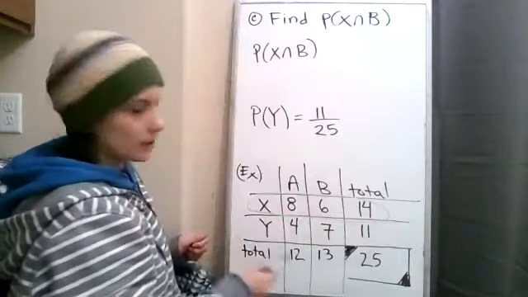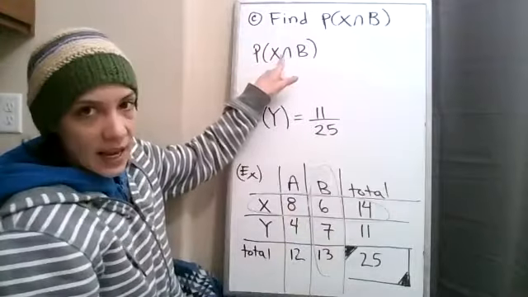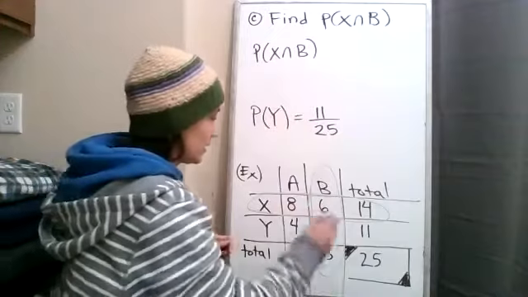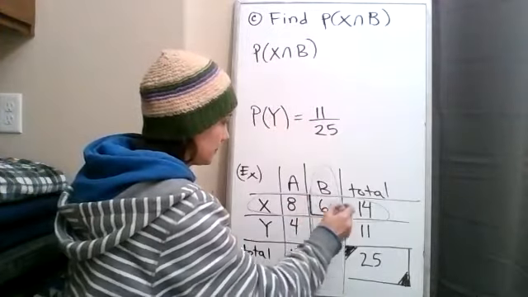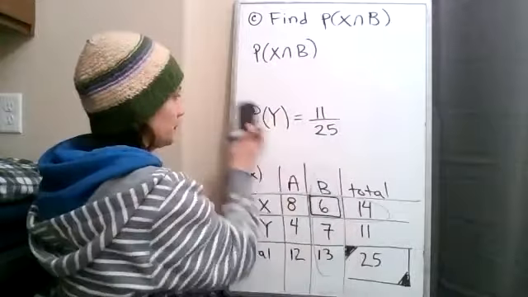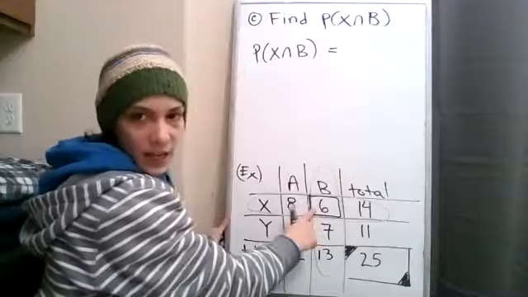And event B goes this way. And it's X and B. So right there where they intersect. Six times out of the total.